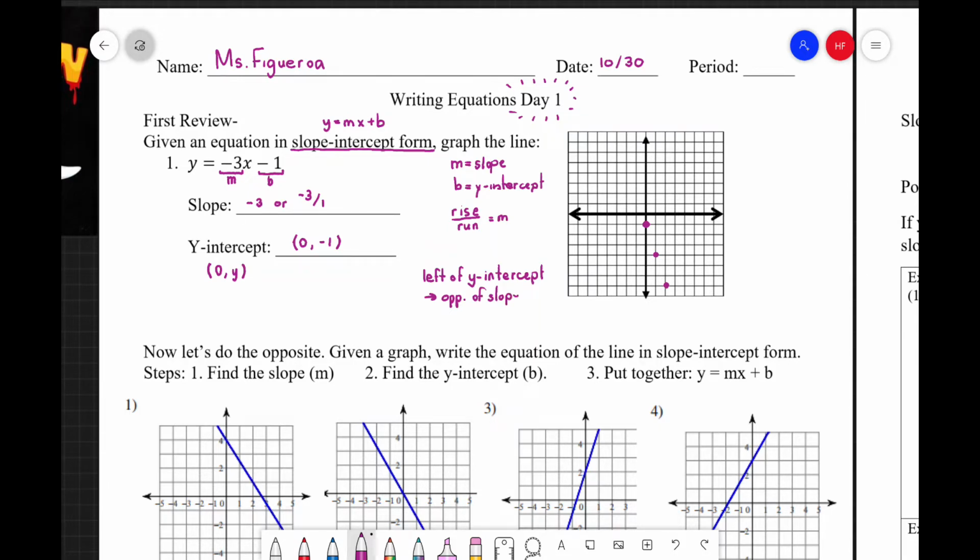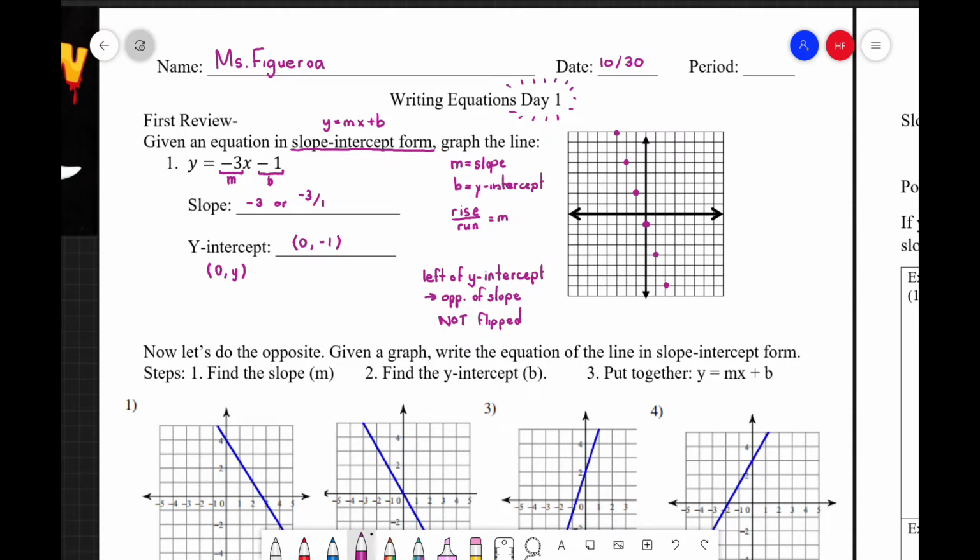I'm not saying flip it and do 1/3. I'm saying we were going down and then to the right, so now I'm going to go up and to the left. Up 3 and to the left 1. So you see what I mean by opposite. Up 3, left 1, up 3, left 1. And your line should make sense.